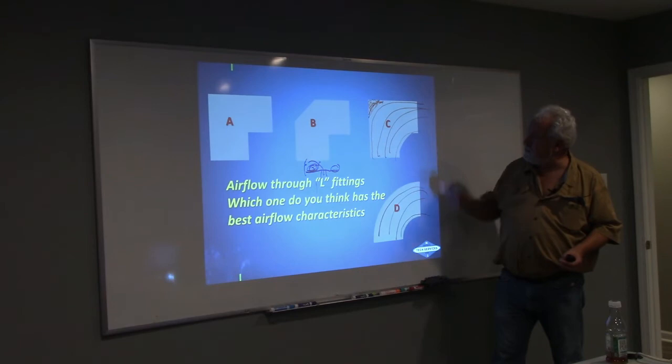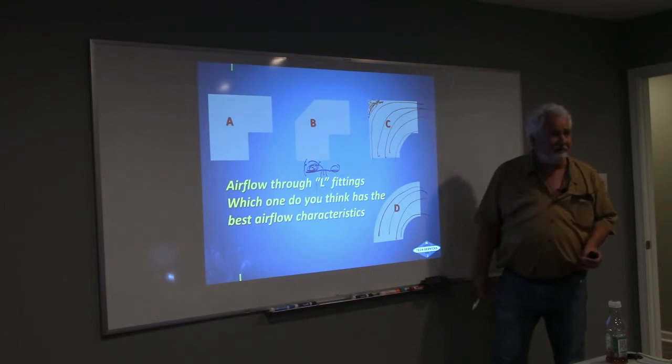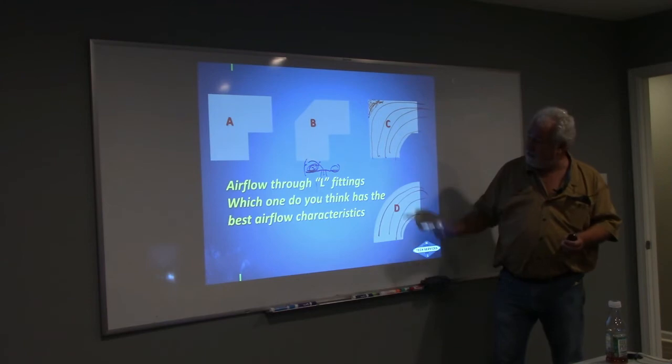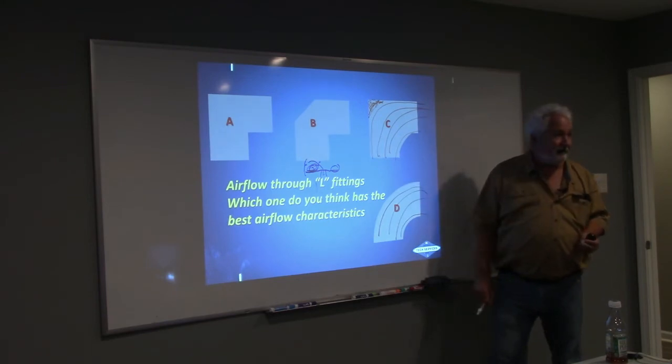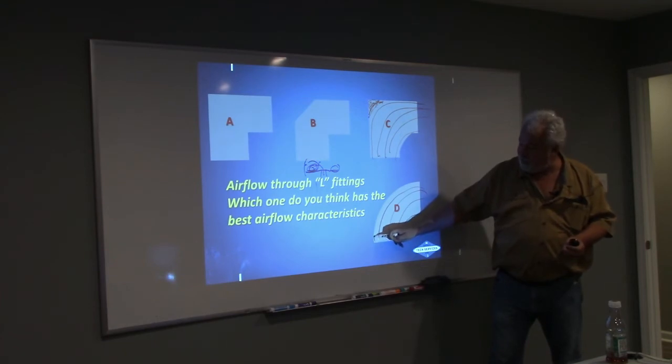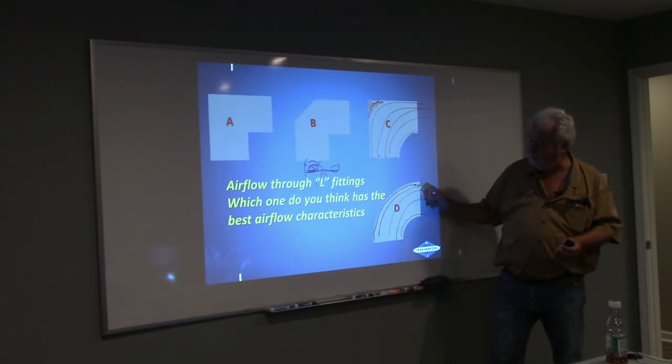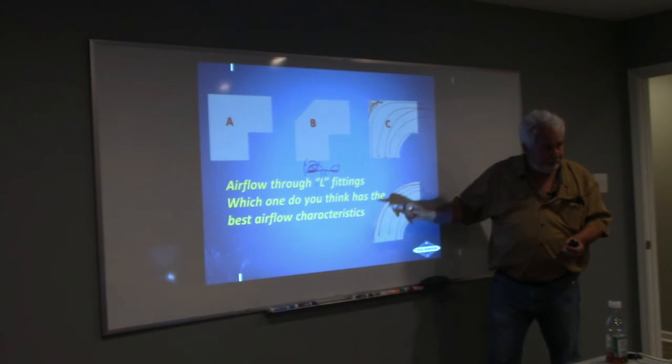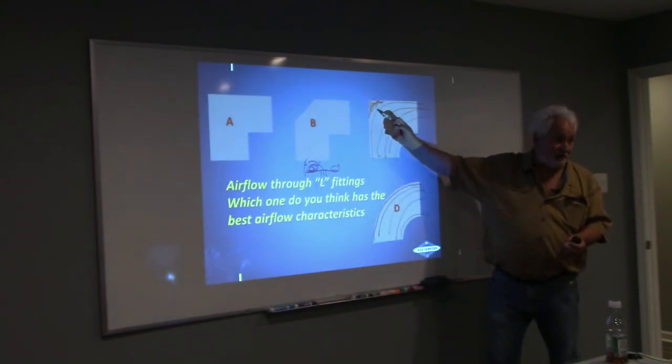So C and D are exactly the same. When it starts moving through there, you're going to have exactly the same characteristics moving through there, but which one costs more to make? C. I have to route this. This is way cheaper.